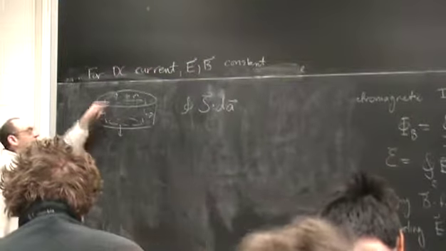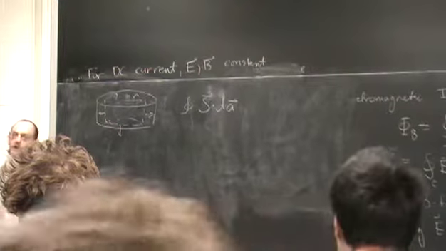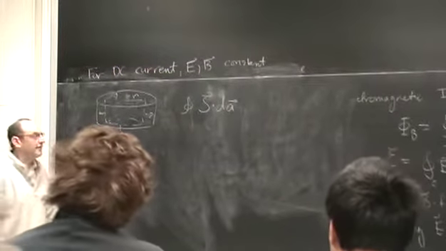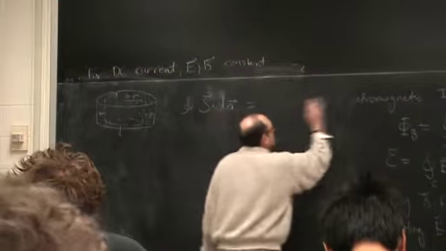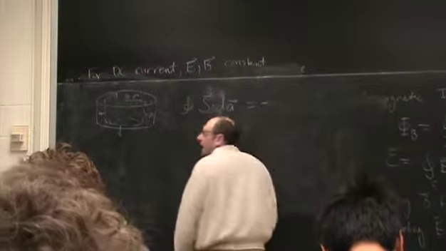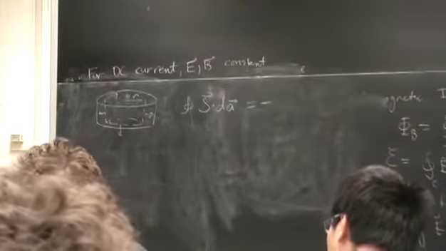S has no flux through the top and bottom of the cylinder. It only has flux through the sides of that cylinder. In fact, it's negative. And what is that flux value? Well, it's what we have here. We need to find out what S is.